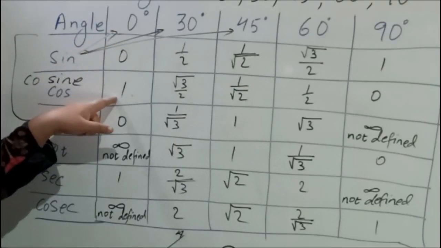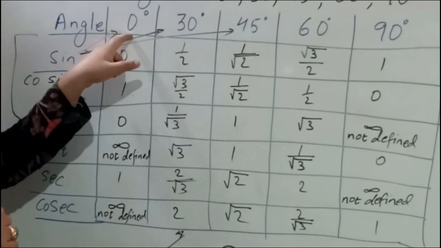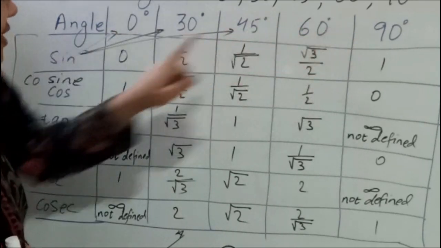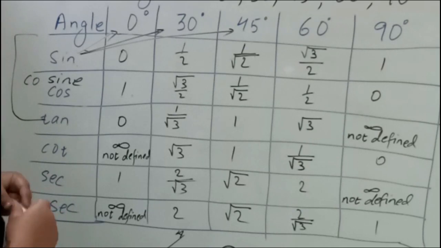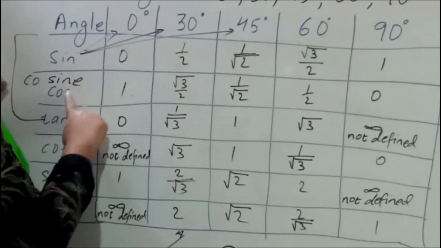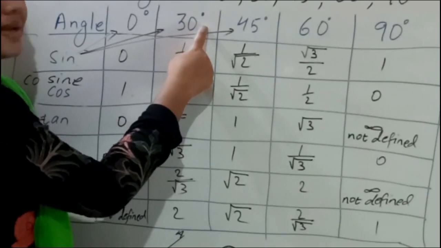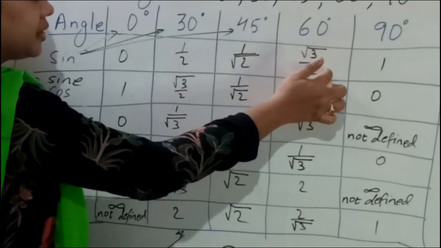How did cos 0 become 1? Because cosine means complementary of sine. So 0's complement is 90, sine 90 is 1, that's why cos 0 is 1. Clear? Second one, we'll see. Cos 30 how much? 30's complement is 90 minus 30, 60. Means sine 60, how much? Root 3 by 2.